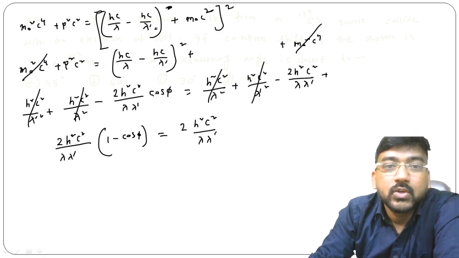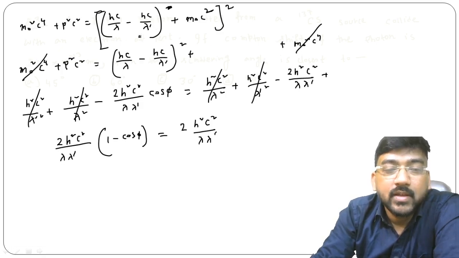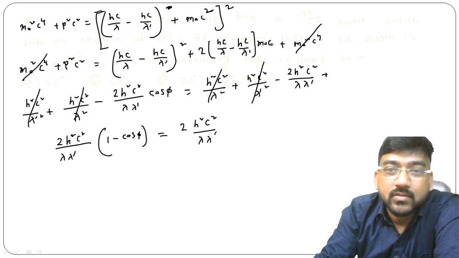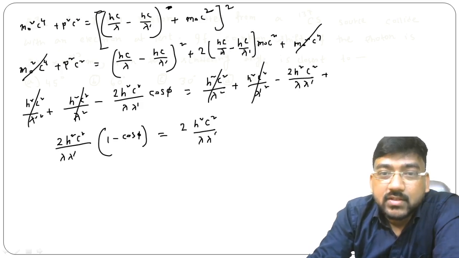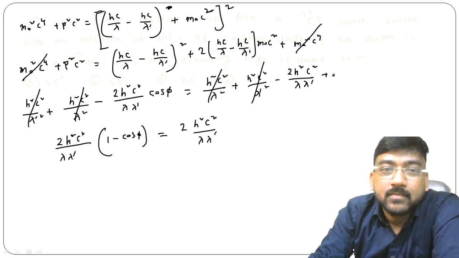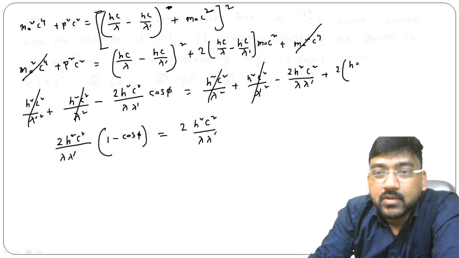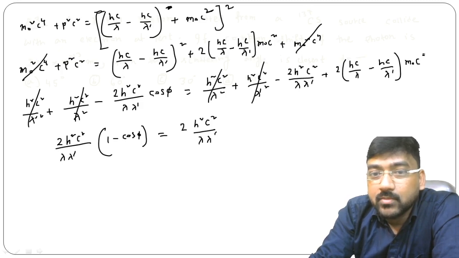This will be actually 2ab, and a means hc by lambda minus hc by lambda dash. So it will be 2 into hc by lambda minus hc by lambda dash into m0 c square, that is ab. So this term will also appear here, and this is nothing but 2 into hc upon lambda minus hc upon lambda dash into m0 c square.